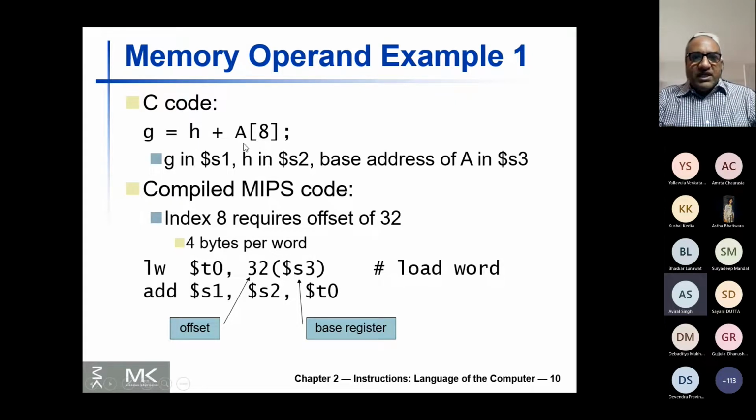To fetch the contents from the array at location 8, we first have to fetch the value from A of 8 into a register. For that we need to use the data transfer instruction. We saw in the previous slide that for data transfer we use two instructions: one is load and the other is store.